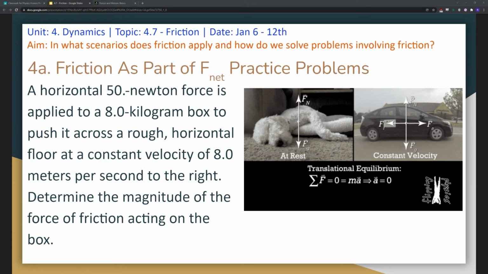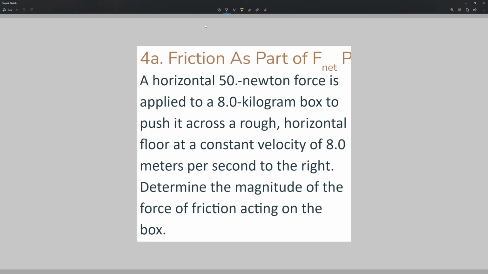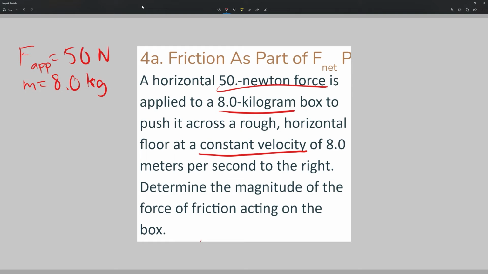So in this question, a 50 Newton force is applied to an 8 kilogram box, moving at a constant velocity of 8 meters per second.